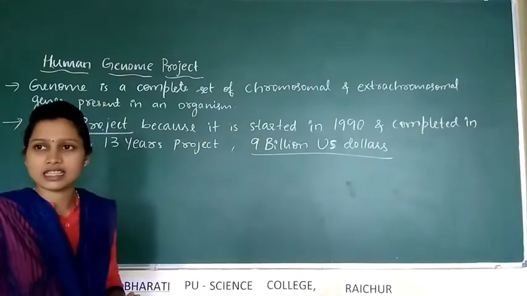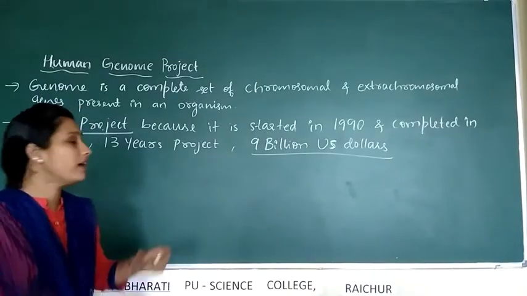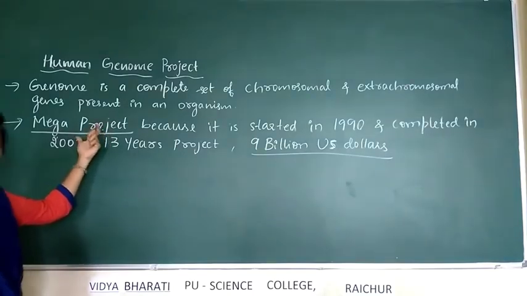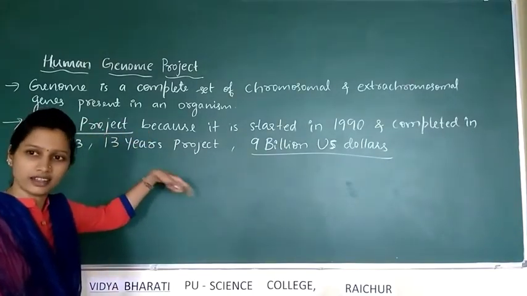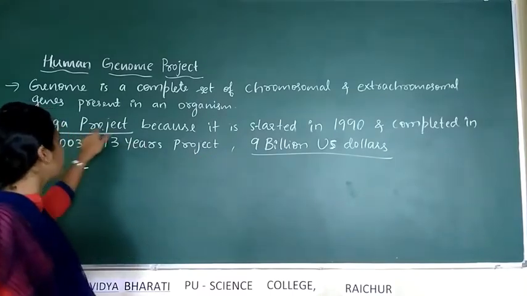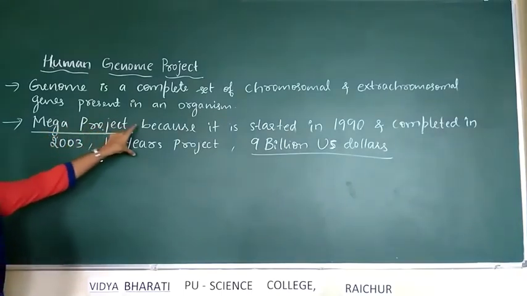Many countries including India took part in this project. UK, USA, Brazil, Australia, India, right? Scientists from various countries took part in this project. Hence it is called a Mega Project, Human Genome Project.